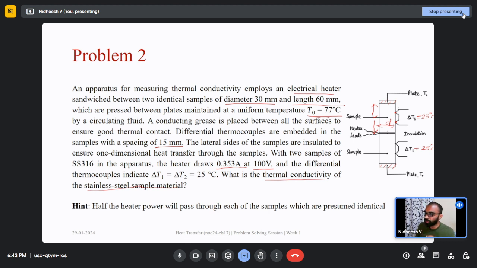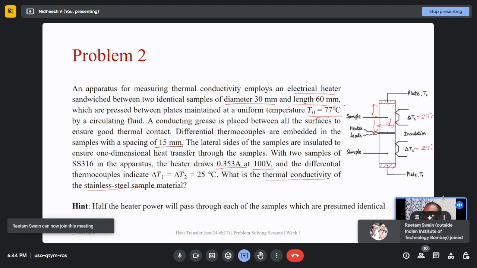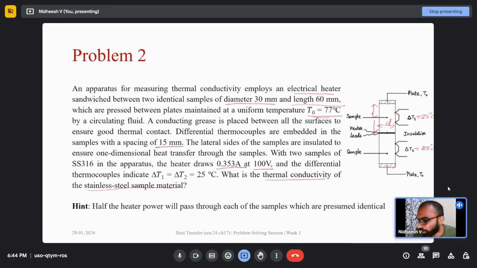In the coming lectures we will add further complexities. We will go for unsteady state processes where temperature varies with time, and for two-dimensional heat transfer where heat is transferring in both x and y directions probably. Like that we will go on increasing the complexity of the situations. But for this week one, we look at only steady state and one-dimensional heat transfer.